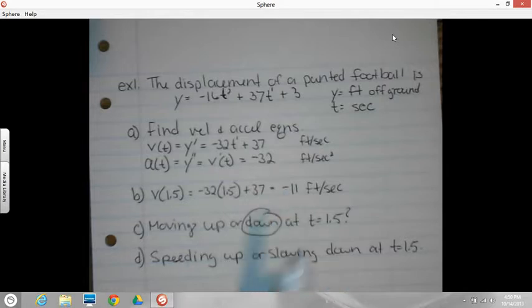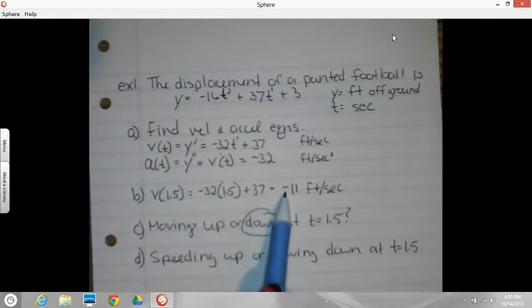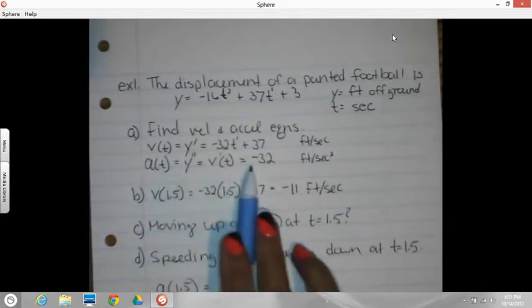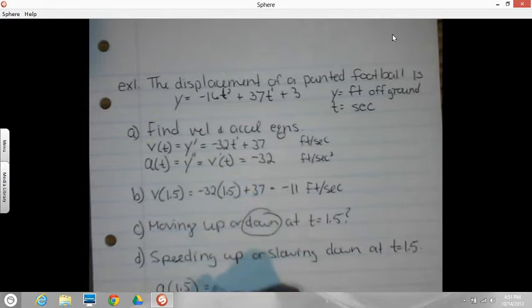I told you on the other page that speeding up and slowing down depends on two things. You need to know the sign of the velocity, which we've got, and you need to know the sign of the acceleration. Well, the acceleration at 1.5, if you look back, the acceleration equation was a constant, negative 32. It's the pull of gravity, feet per second squared.